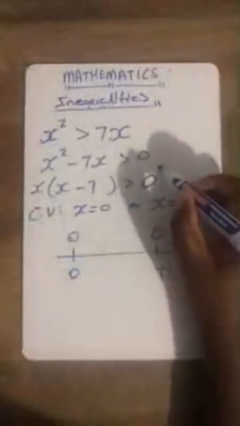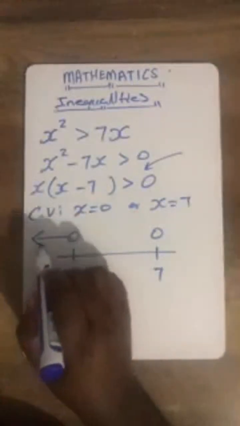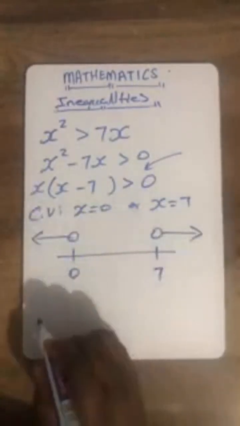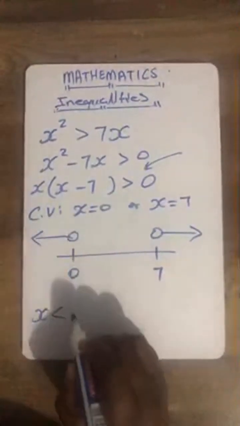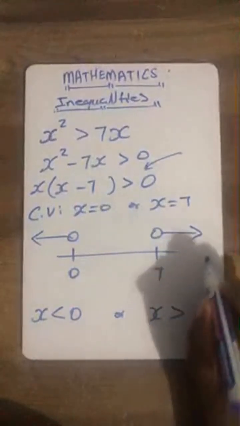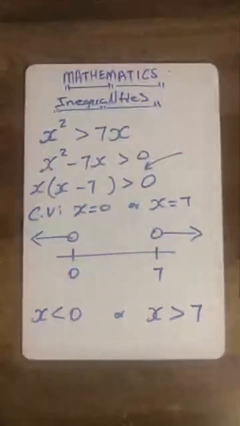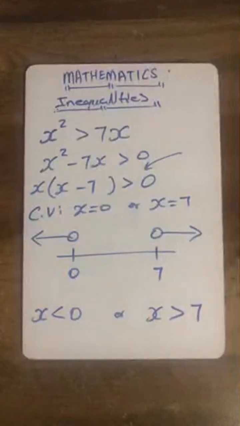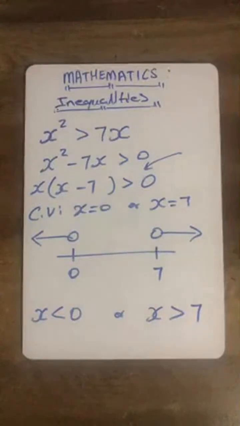And because I'm having that greater than there, it is the one that points outwards. So that means this is where you say x, you take that arrow as it is, less than 0, or x greater than 7. So can you guys see, it's very much easier when it's done that way. No question about that.